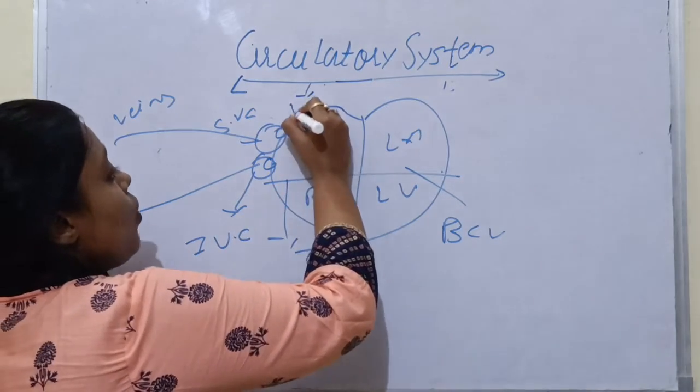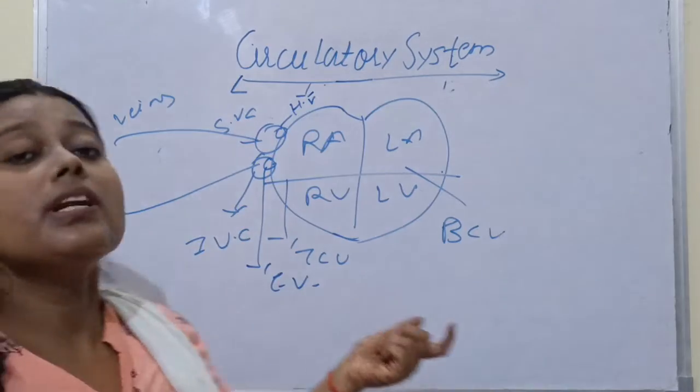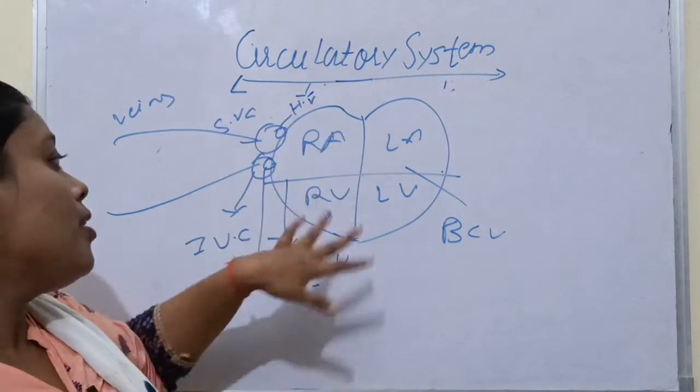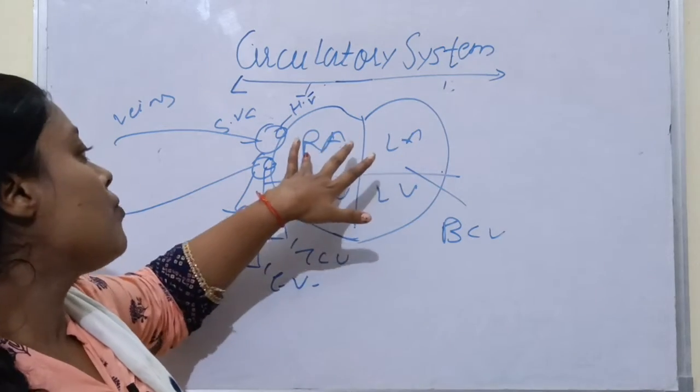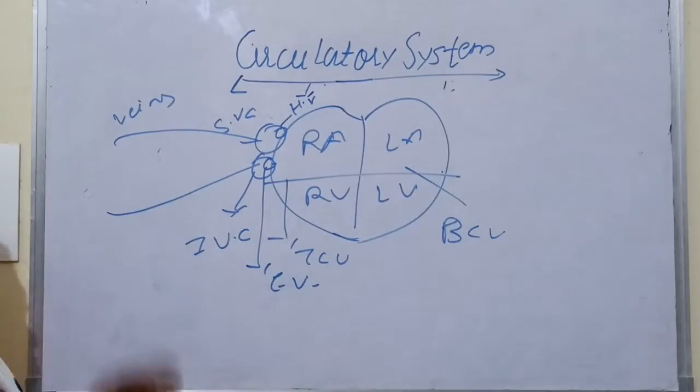One is the Thebesian valve and the other is the Eustachian valve. Why are these valves present? They are present to prevent the flow of blood from the right auricle back to the whole body through veins.